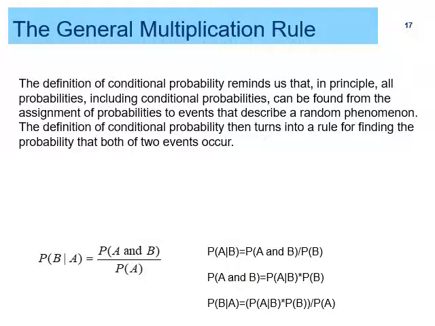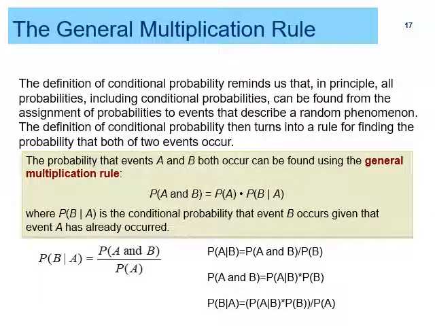The general multiplication rule says that the probability that events A and B both occur can be found as P(A and B) is equal to P(A) multiplied by P(B given A), where P(B given A) is the conditional probability that event B occurs given that event A has already occurred.